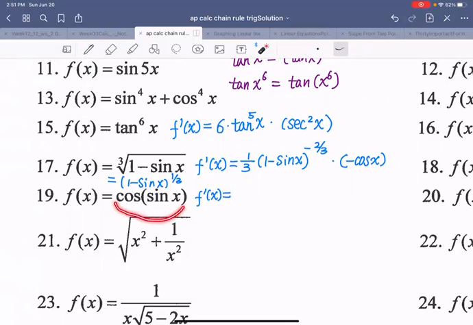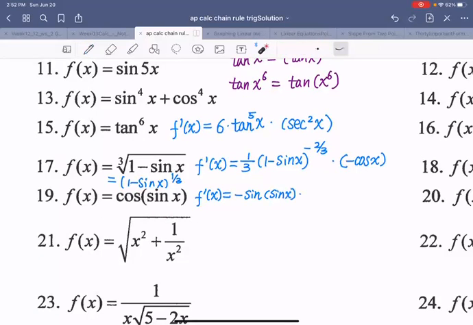Now, number 18 is not hard. Let's take a look at number 19. Sine inside cosine. Let's watch out here, okay? You want to treat the outer layer first. Cosine of this package has derivative negative sine of this. So the outer layer gives negative sine, but your inner layer is sine x.